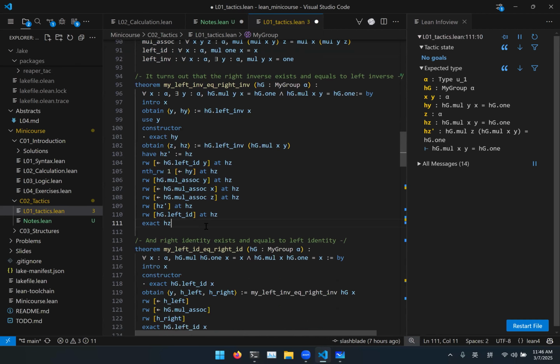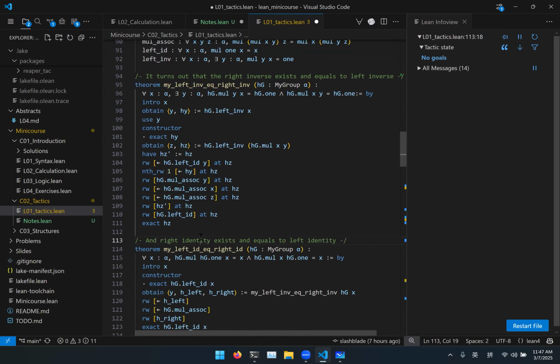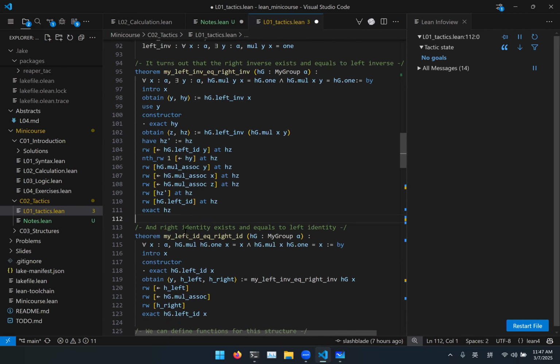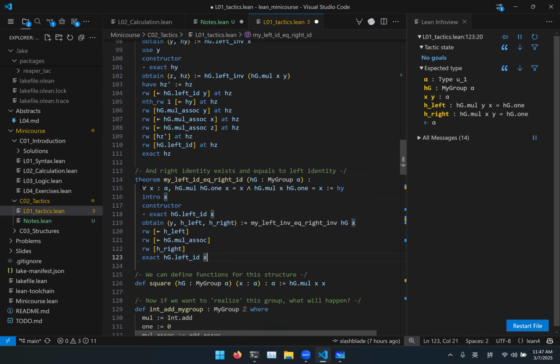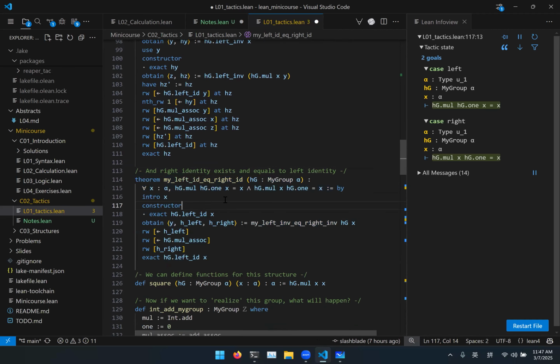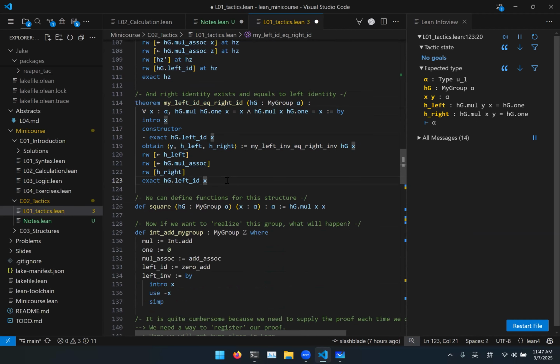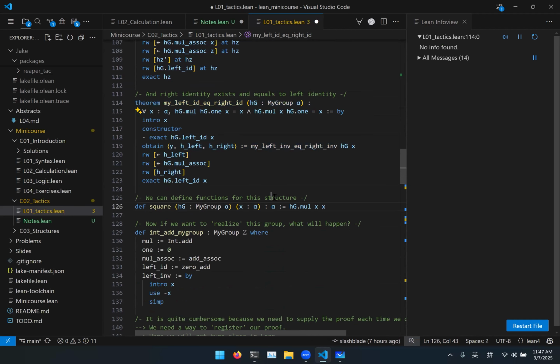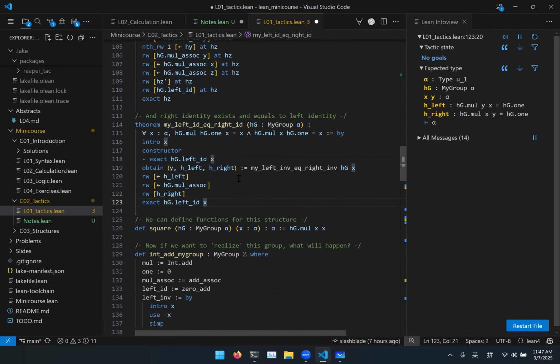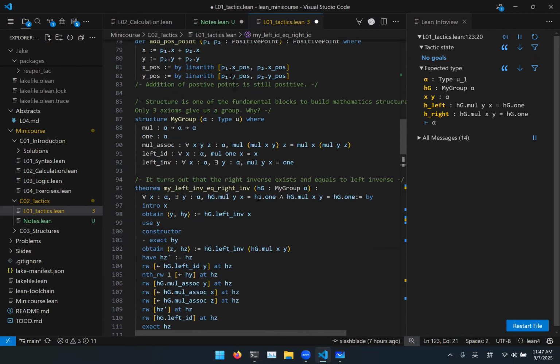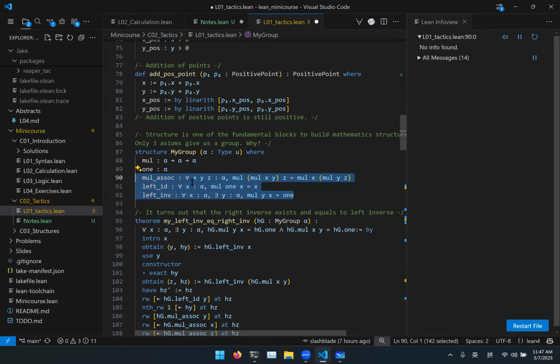So this is how you define a mathematical theory in Lean. And the second proof is the one I mentioned before, that left identity equals right identity. And from now on, we will have a completely classical definition of a group using just 3 axioms in MyGroup.